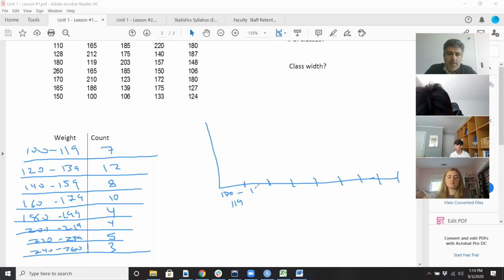This would be your next category, 120 to 139. You have all the other categories here. So this would be reserved for your categories. So we're doing a histogram. And then we look at the frequency.